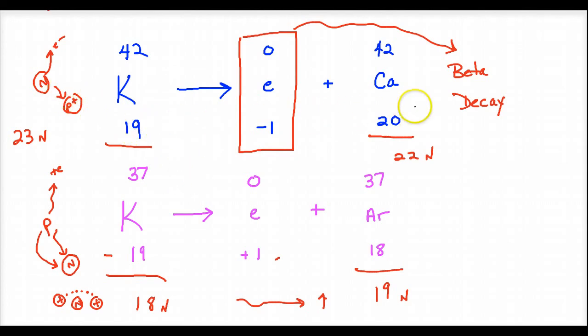So the proton number increased and the mass number, of course, stayed the same, but we changed a neutron into a proton. And the ratio of protons to neutrons in this case increased. And that satisfied this problem of this radioisotope.